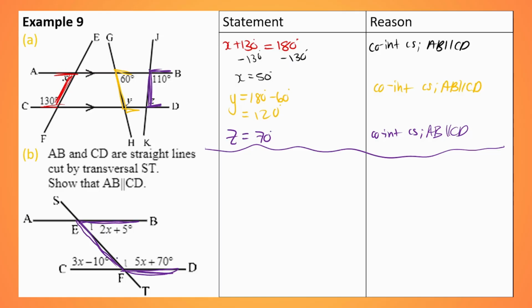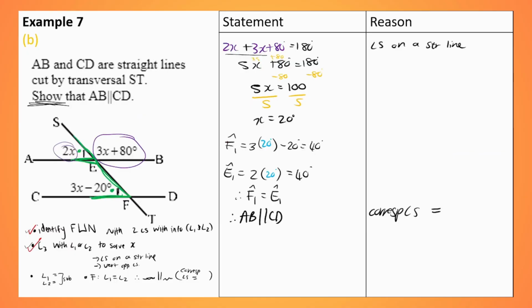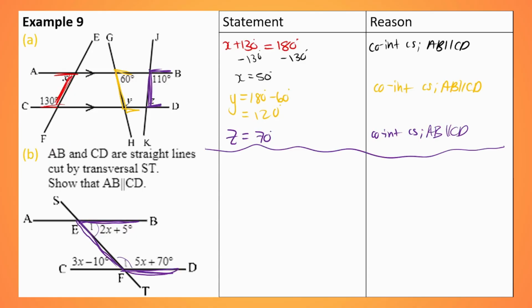So here we identify, we need to show that when we add this one and this one, our answer should be 180. Then we're going to use our third angle to try and solve x, either angles on a straight line or vertically opposite angles. So here's our third angle, and it's angles on a straight line with this one. So when you add them, you get 180.